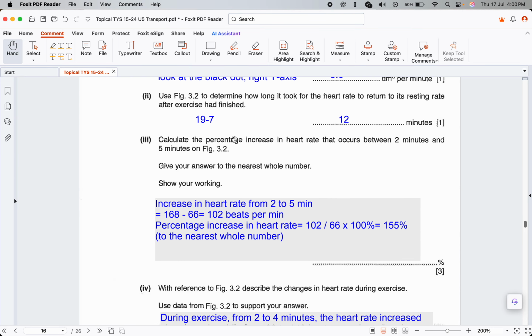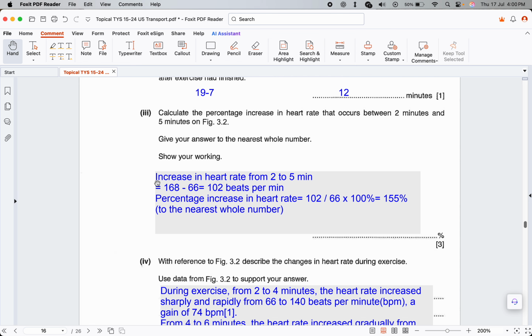Okay, calculate the percentage increase in heart rate that occurs between 2 and 5 minutes. Give answer to the nearest whole number, show your working. So again, this is not difficult if you know how to read the graph, but I think a lot of us find it hard to do the percentage increase. Percentage increase is nothing difficult. All you need to do is to subtract the initial number from the final number.